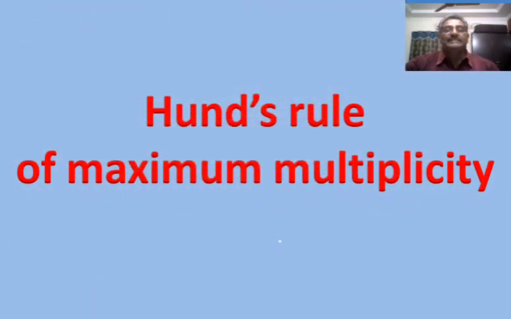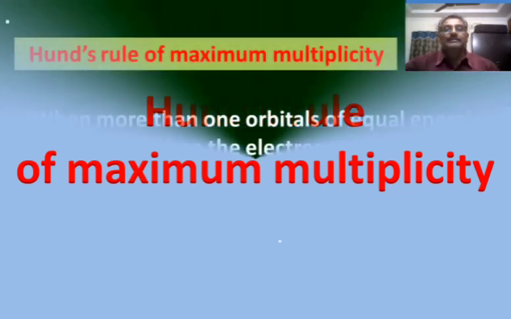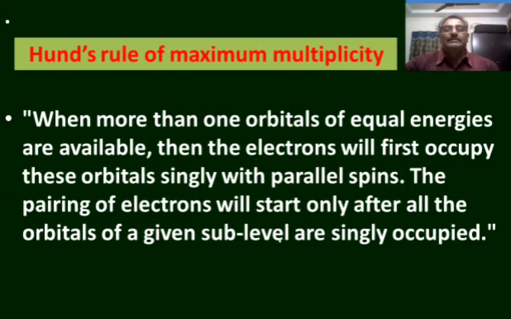The next rule is Hund's rule of maximum multiplicity. So far, the Aufbau principle governs the filling of orbitals in the increasing order of their energies. Our Aufbau principle states that the orbitals are to be filled in the increasing order of their energies.